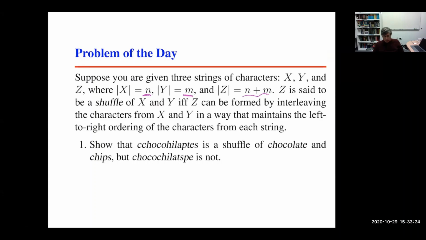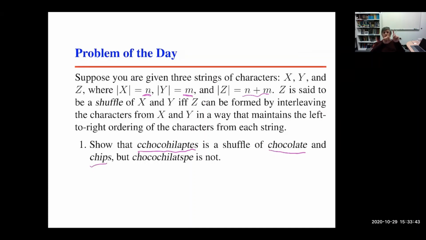So let's just make sure we understand it. This phrase, chocolate chips, I guess that's how I pronounce it. Can this be made by interleaving the chocolate and the chips? Here's chocolate, here's chips.